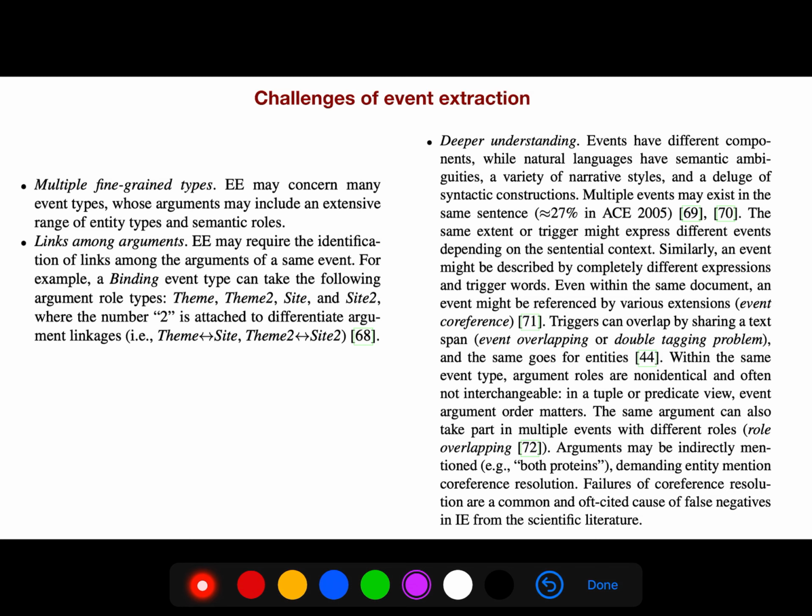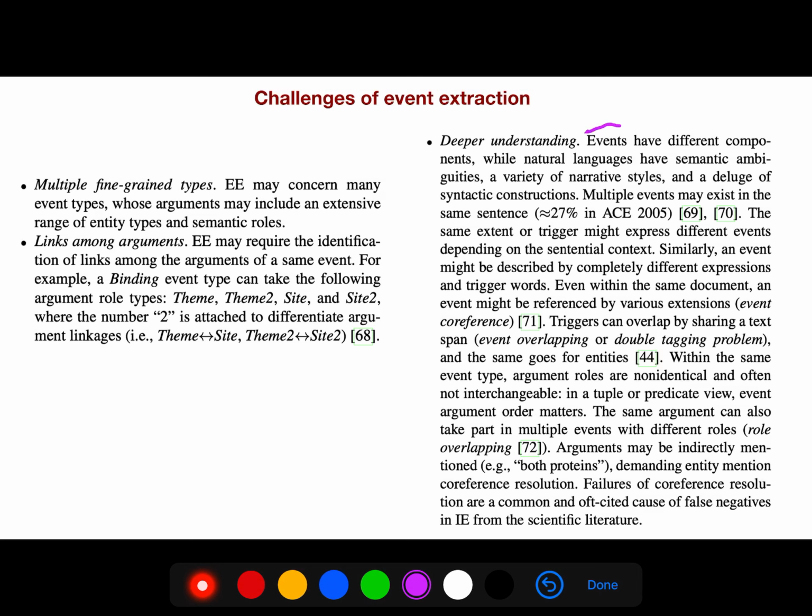Links among arguments: event extraction may require the identification of links among the arguments of the same event. For example, a binding event type can take the following argument role types: theme, site, and site 2. But site 2 is attached to different argument linkages.